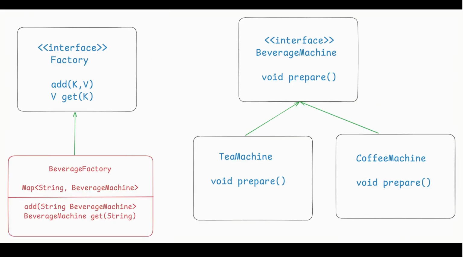Before going to this example, I will try to explain the scenario, like what's the problem here. Suppose you have a beverage shop. A user comes to this shop and asks for some beverage. Suppose the user asks for tea.